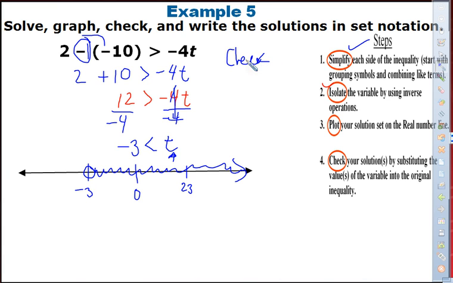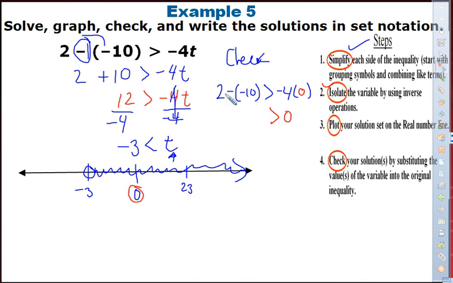Let's rewrite it: 2 minus parentheses negative 10, close parentheses, greater than negative 4, and open parentheses for t. I'm going to use 0 since it's part of my solution set, and that's the easiest number to use. What is negative 4 times 0? 0.